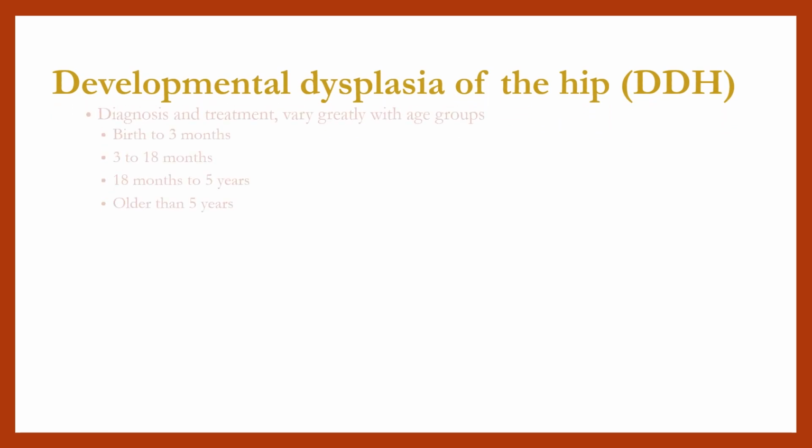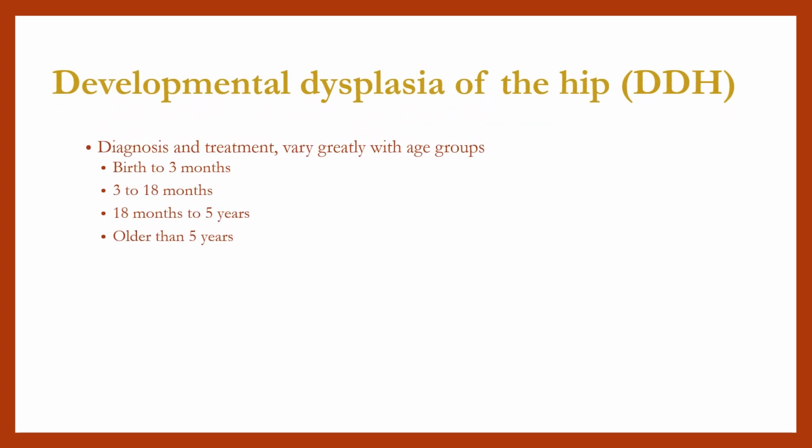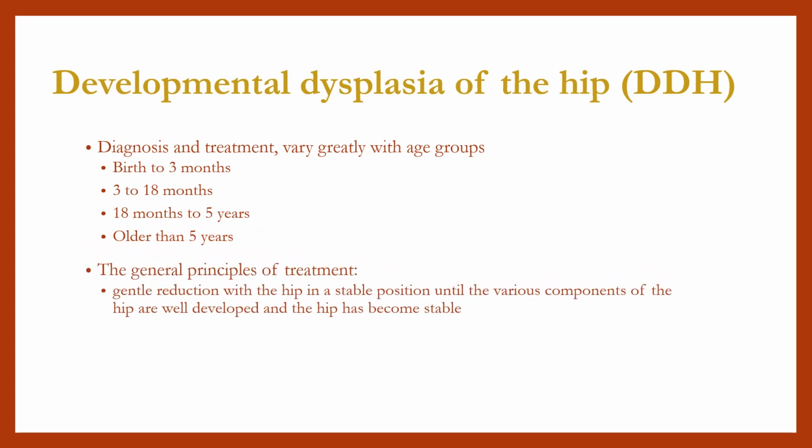Diagnosis and treatment vary greatly with each age group. The general principle of treatment is gentle reduction with the hip in a stable position until the various components of the hip are well developed and the hip has become stable.